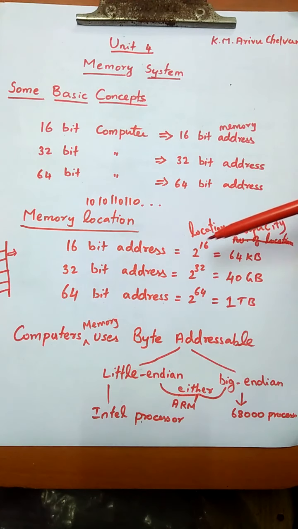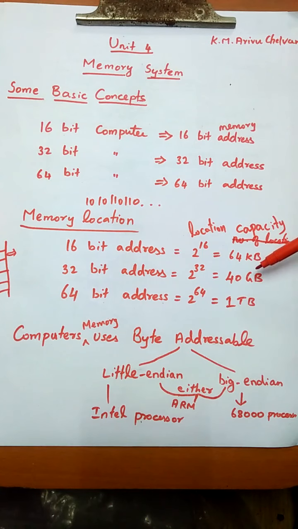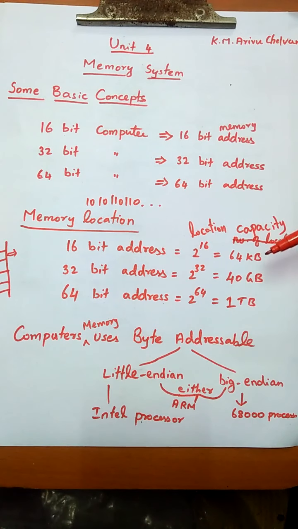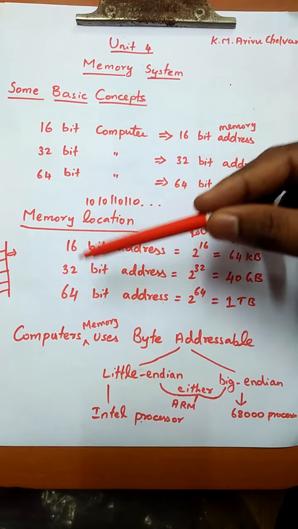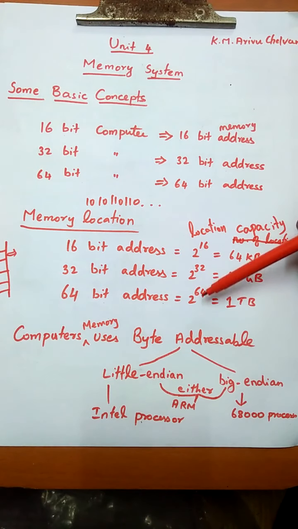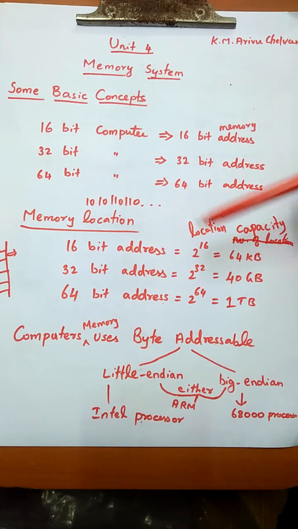If it is a 32-bit address, we will have 2 power 32 memory locations, and its capacity is almost 4 GB. If it is a 64-bit processor, you will have 2 power 64 locations, and its capacity is almost 1 TB.